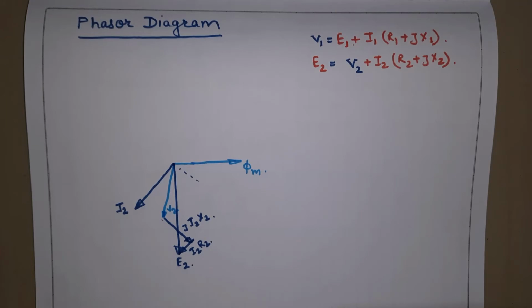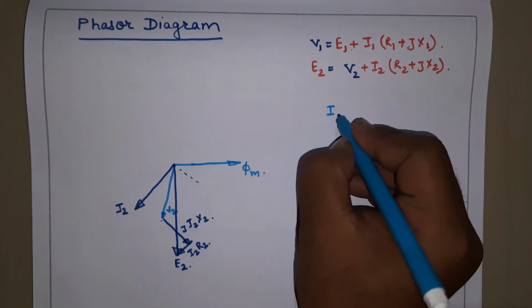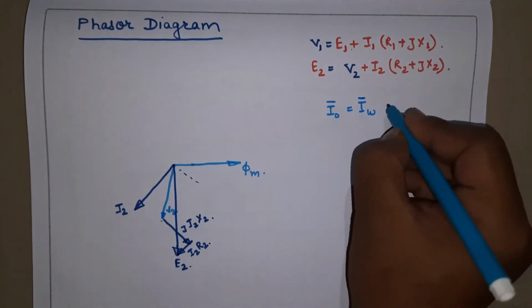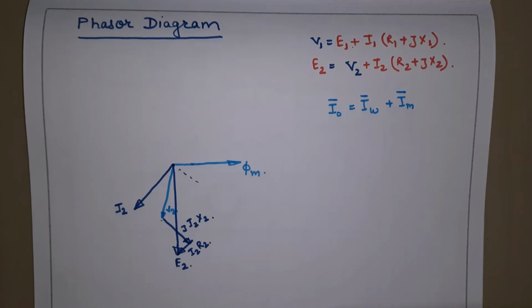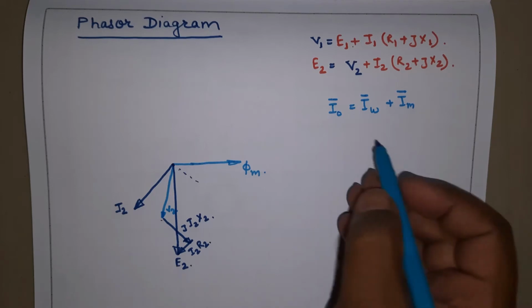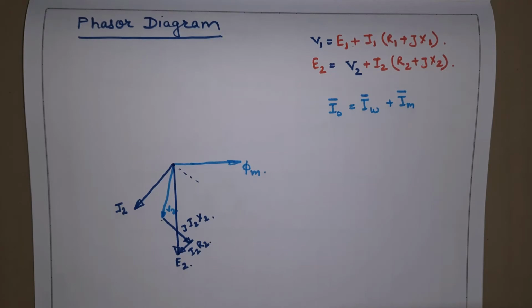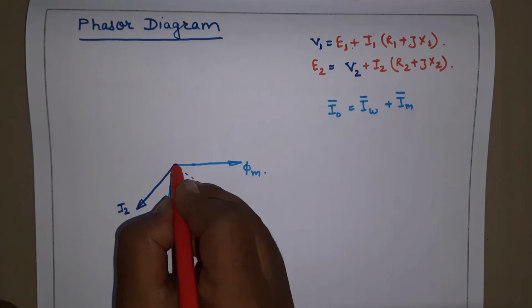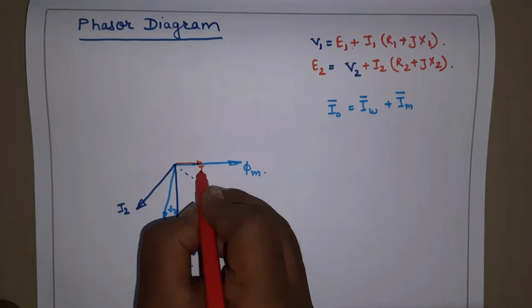In the primary side, as discussed earlier, I naught is equal to IW plus IM. Please refer to my previous slide of the equivalent circuit of a transformer for better understanding. So this IM, or the magnetizing part, will be in phase with phi m, that is over here.